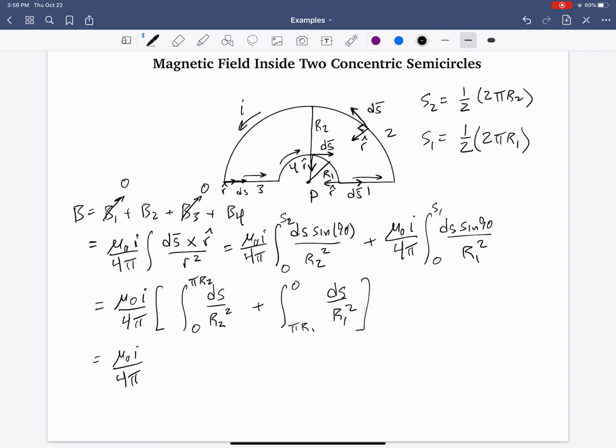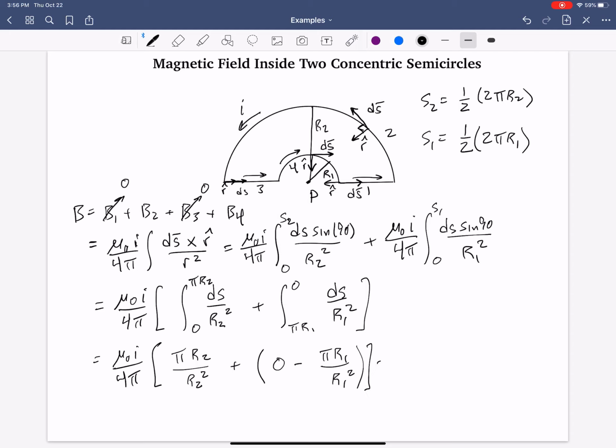All right, so we have, well, that's easy. Integral ds is just s. So that is pi times r2 over r2 squared, plus, now we need to actually pay attention here, this is 0 minus pi r1 over r1 squared.